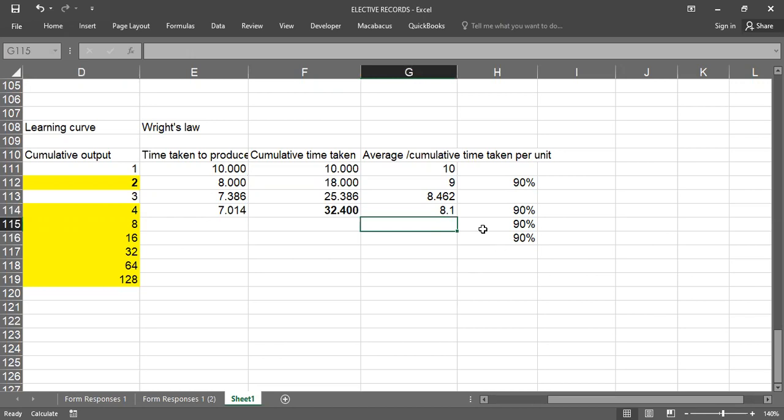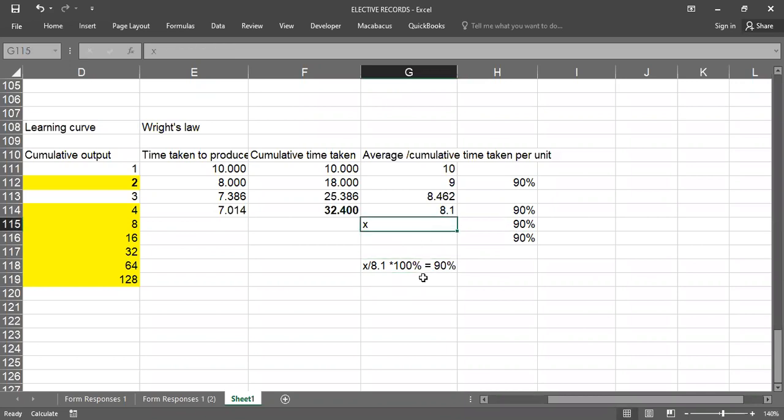So how do I get that? This is how we go about it. The 90 here, assuming this is our X, we're saying that is X divided by 8.1 times 100% gives me 90%.